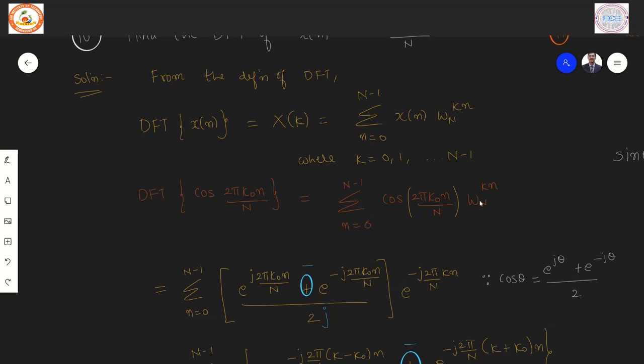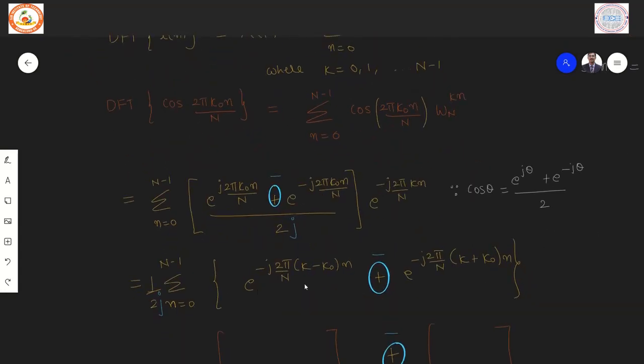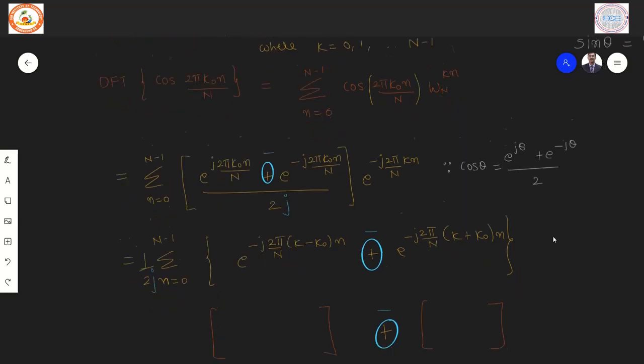So then twiddle factor is also expressed in the form of exponent. So we can combine the two exponents and we can get a term like this. Therefore, we'll have 1 by 2 common, and then we have e power of the term shown here, and then we have e power of negative j2 pi by n k plus k naught term.